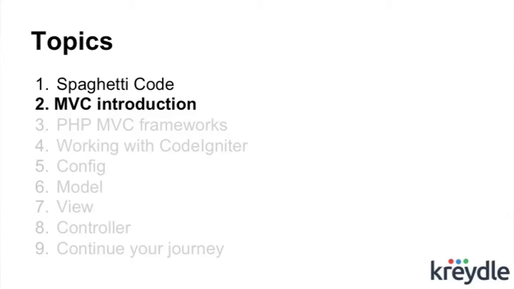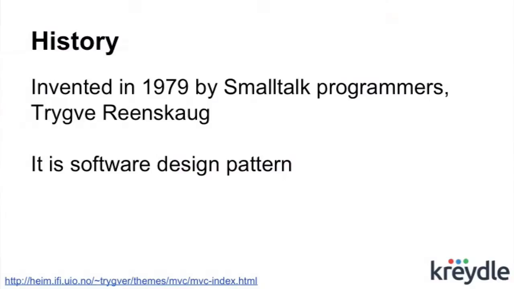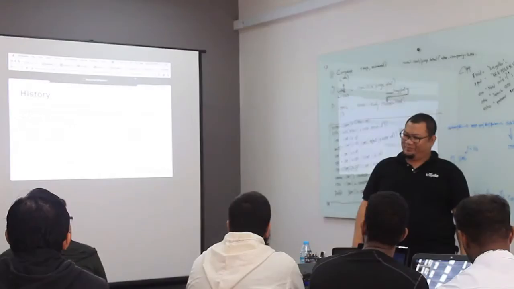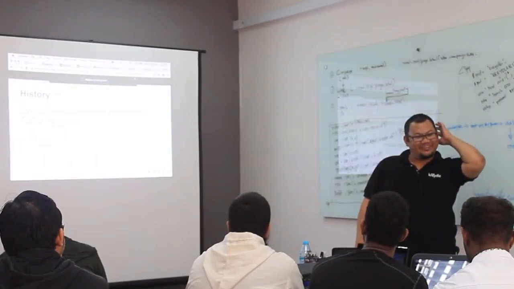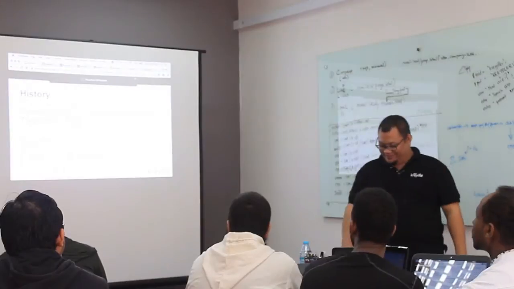Okay, what is MVC? Actually, MVC was invented in 1979. It's old already, right? By Smalltalk programmers. This happened when the digital immigrants were born, and they were facing spaghetti code. That's why they invented this.